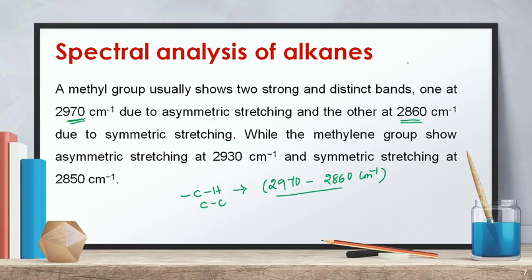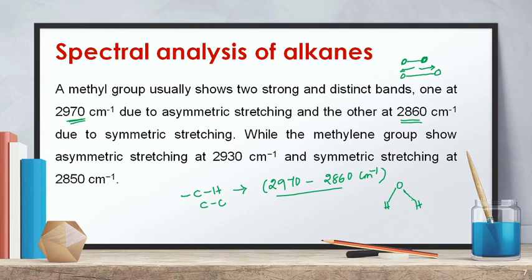That means if it is the bond between 2 atoms, symmetrical stretching means the two atoms will be stretched with equal force. What about asymmetrical stretching? One mode will be... suppose I am taking this example.